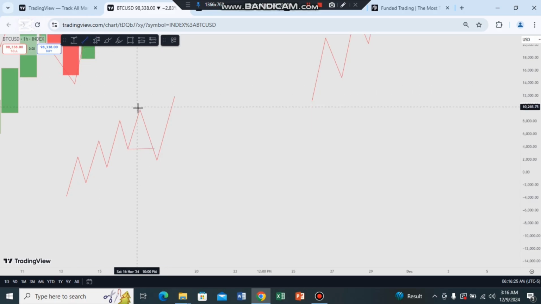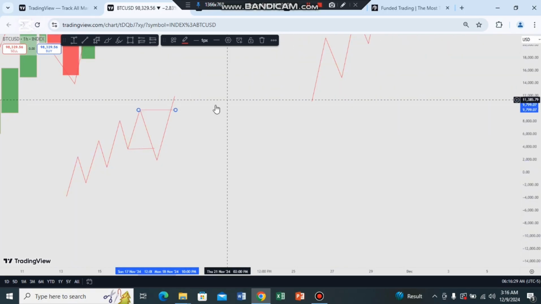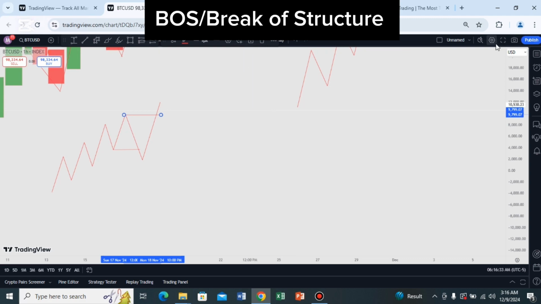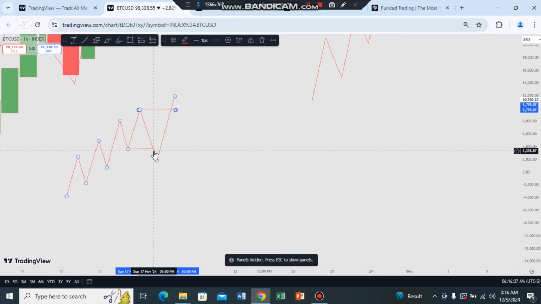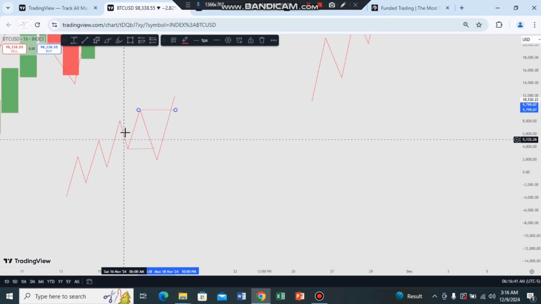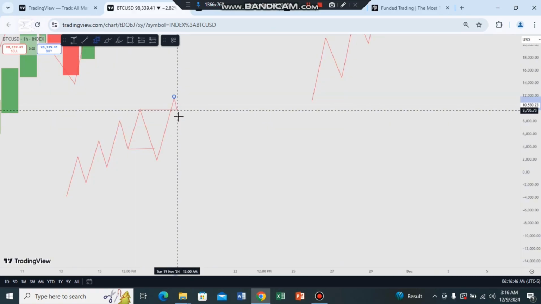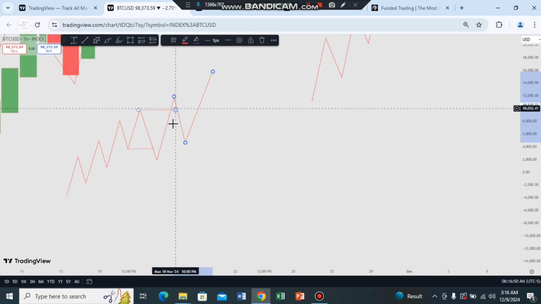And now you can see this has closed above this point, so we will call it a break of structure, okay? This is called inducement. This is called the break of structure. Now when this happens, the market retests, and this is where you can get your entry, okay?